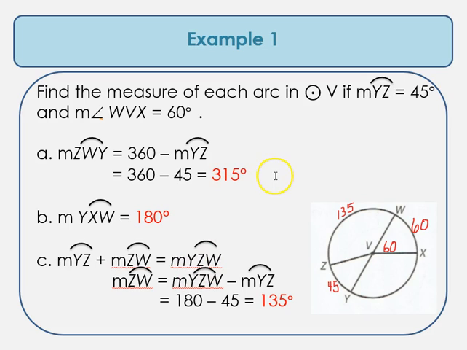Example 1. Let's find the measure of each arc in circle V if the measure of YZ equals 45 degrees and the measure of WVX equals 60.